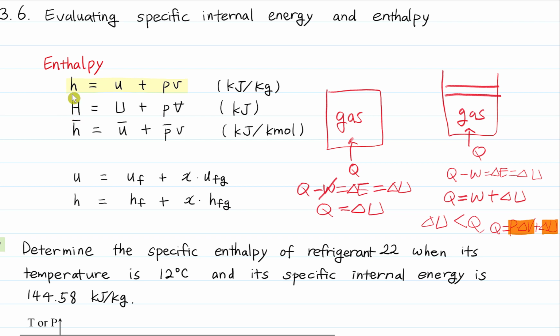The uppercase H indicates extensive properties. This indicates total enthalpy. So unit of total enthalpy is kilojoule. Enthalpy can be also expressed on a molar basis, kilojoule per kilomole.